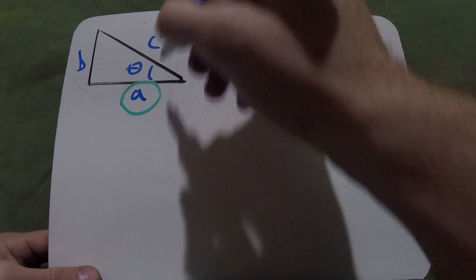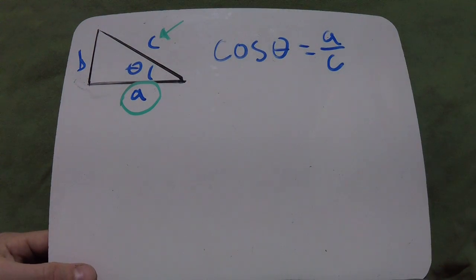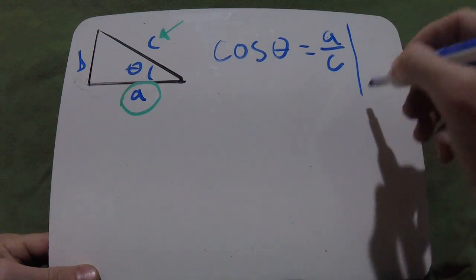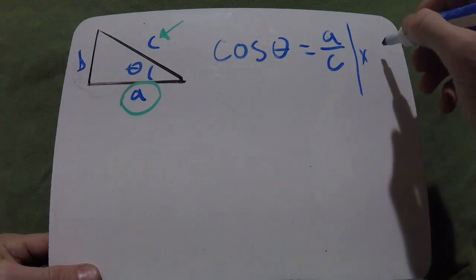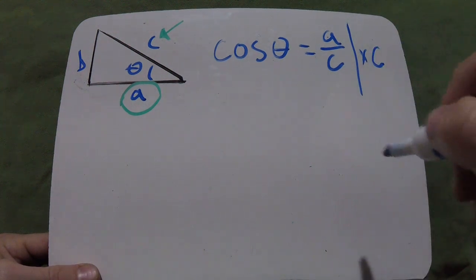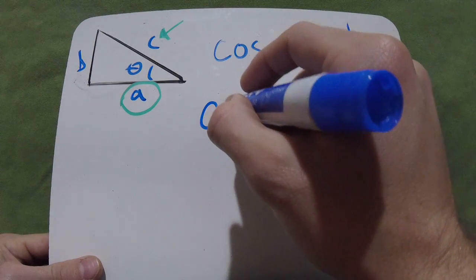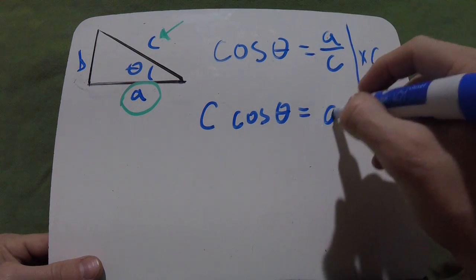Cosine theta, as we just mentioned, is equal to A over C. Well, if I look at this like any other equation, I can see that if I multiply both sides by C, then I will have C cosine theta equals A.